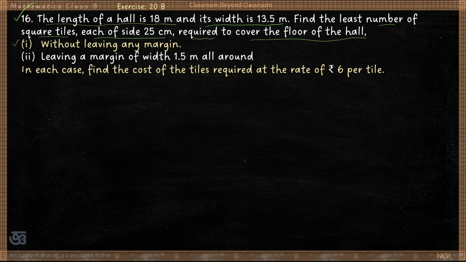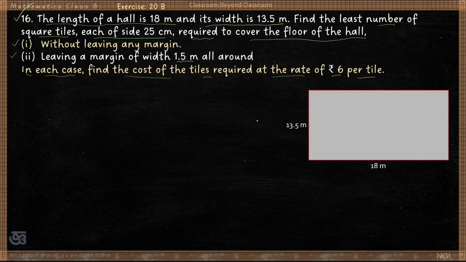Number 1, without leaving any margin, and number 2, leaving a margin of width 1.5 meter all around, and in each case find the cost of the tiles required at the rate of rupees 6 per tile. So suppose this is the rectangular hall of 18 meter length and 13.5 meter width.